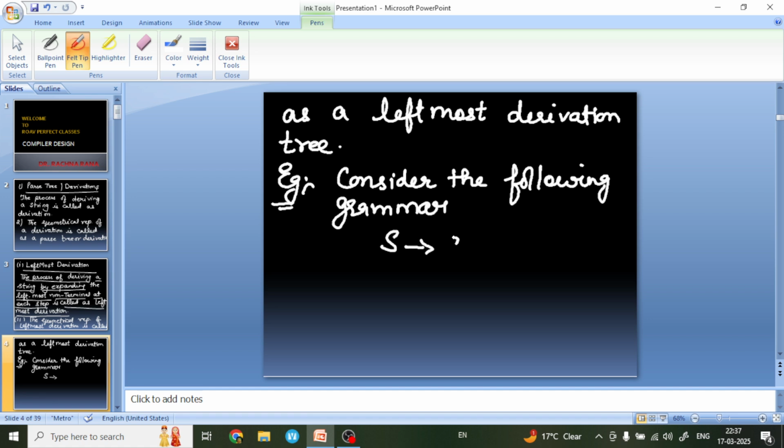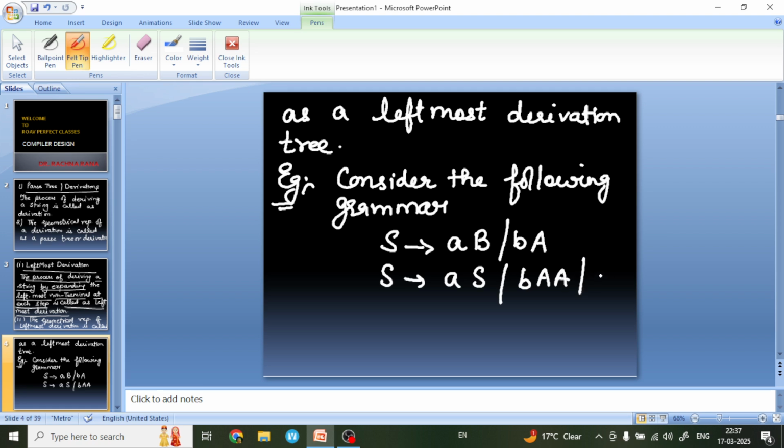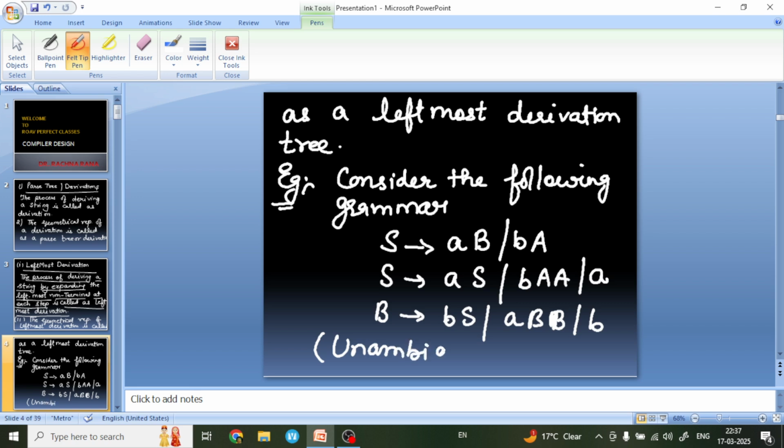S implies A a B or b A. A implies a S, B A and a. B implies B S or A B B or b. This is an ambiguous grammar.